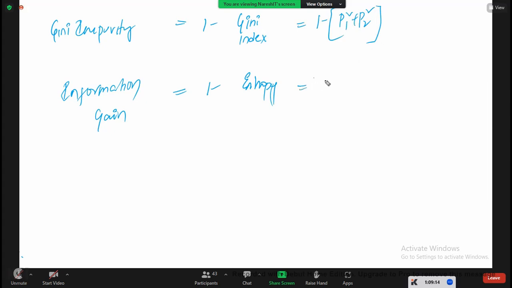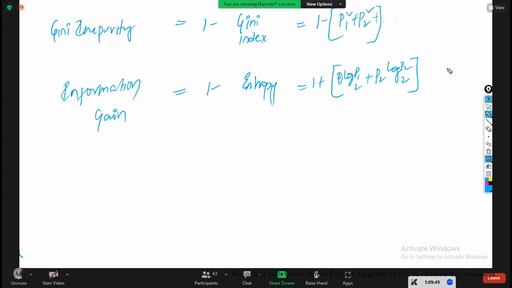Here you are having 1 minus, again minus of that. Minus of that means directly plus. Directly you can apply the plus symbol and plus P1 log P1 to base 2 plus P2 log P2 to base 2, if it is a binary class. If it is a multi-class, you have to add one more class, one more probability. For each class, whatever the probability is there, separately, you have to calculate the probability.